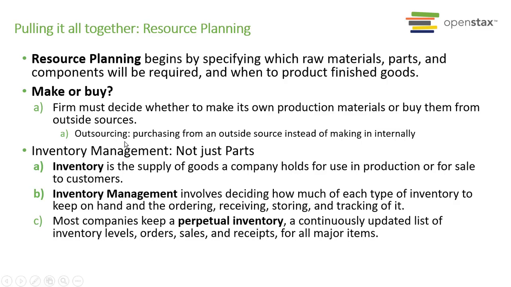And so, just again, hopefully you're able to tie this in with what we've talked about with Global so far. All right, moving along with inventory management, not just parts. So inventory, supply goods the company holds, easy enough, right? So if you have a 20,000 square foot location, and you're manufacturing something or you're selling a product, doesn't matter, and you need inventory, right?